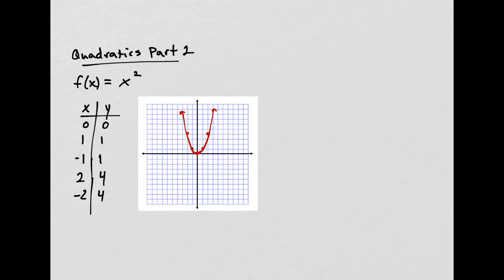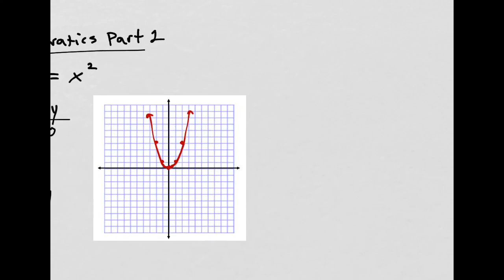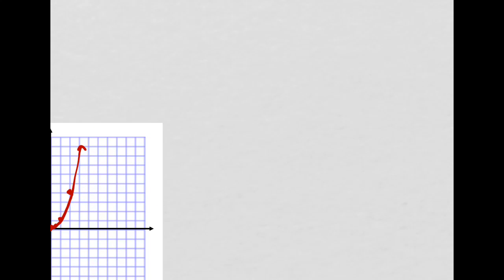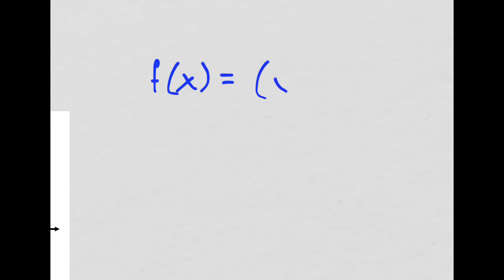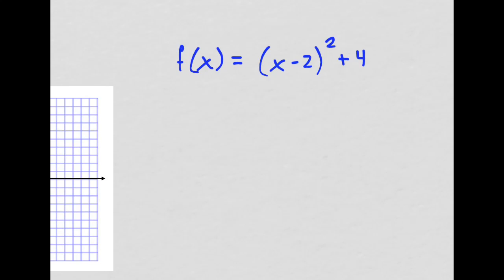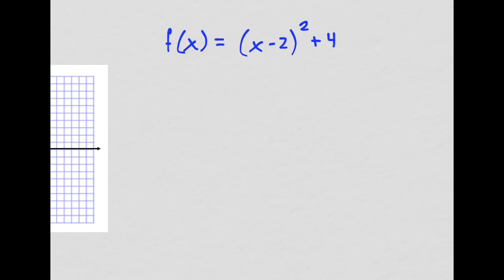Alright, so the next thing I want to do is compare this graph to the graph of, let's do it in blue, f of x equals, let's say, x minus 2 squared plus 4. I'm going to do the same thing, and again, I'm coming up with these numbers.